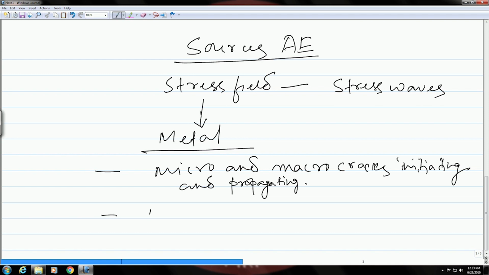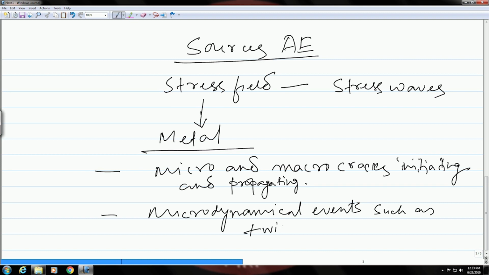Then you could have some micro-dynamical events like twinning. When you talk about metals, metals deform mainly by two mechanisms.